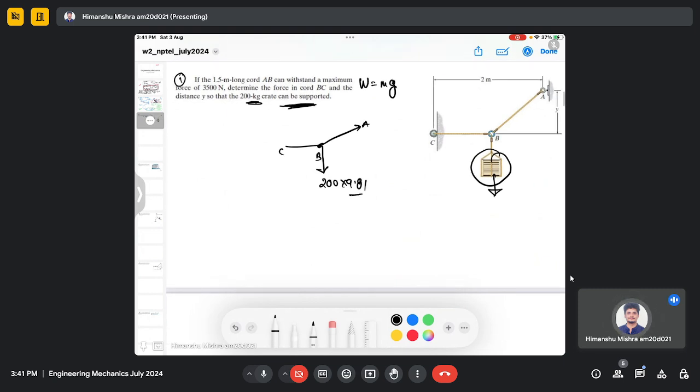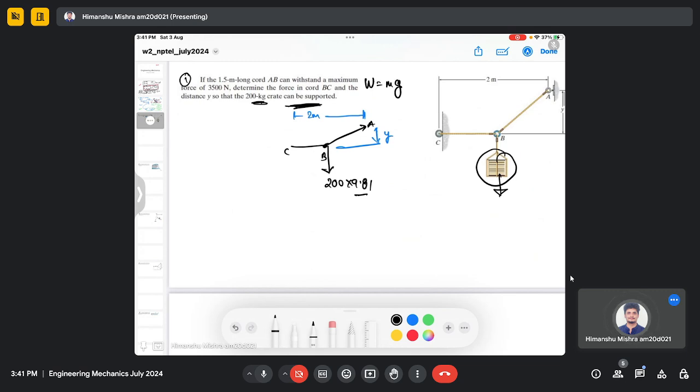So g is 9.81 and 200 is the mass. And we have given the distance 2 meters. So basically in the free body diagram, you need to first represent all the forces. Distance is not necessary, but since we need to find the distance here, I am drawing distance as well.